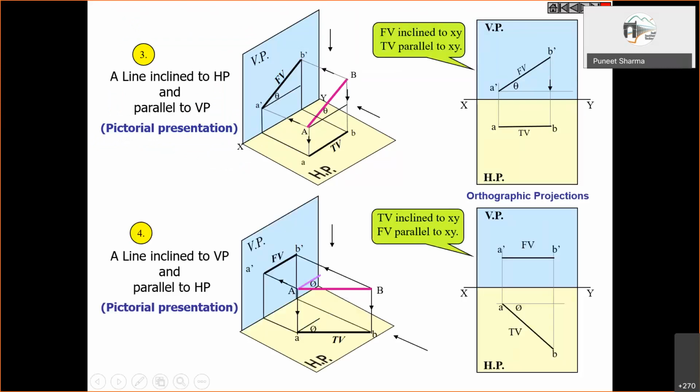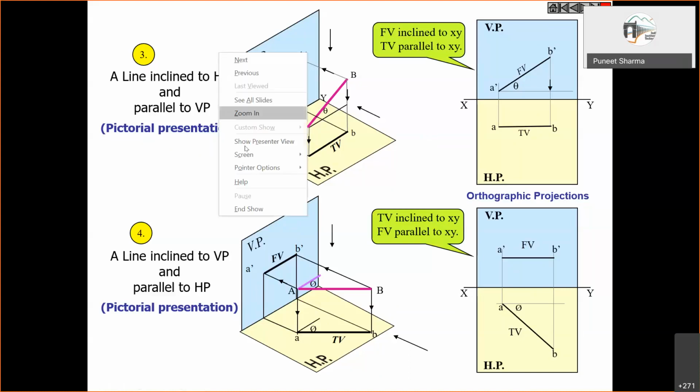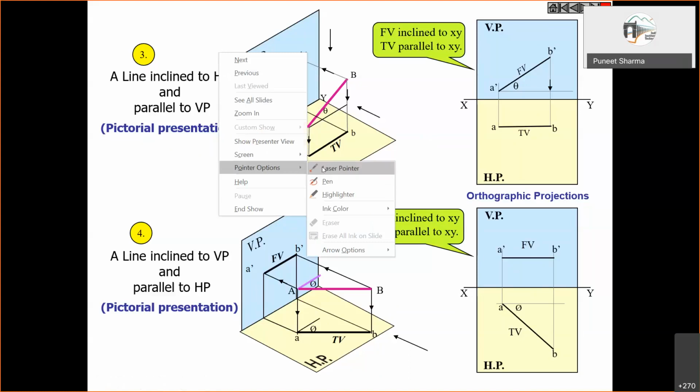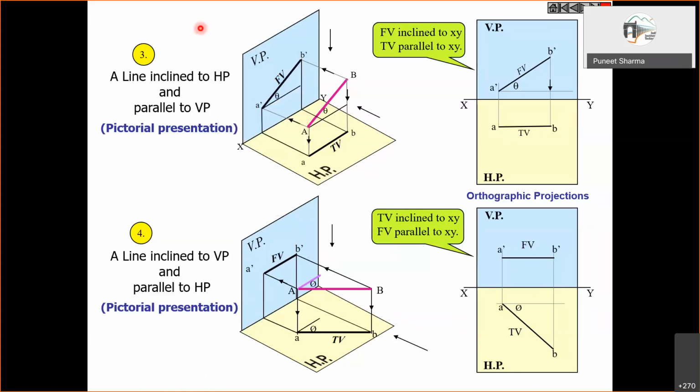So before taking the next problem, what I wanted to point out is, suppose you have been given information of one endpoint, true length and inclination. For these two cases, it is easier to draw. Suppose we consider the first case.